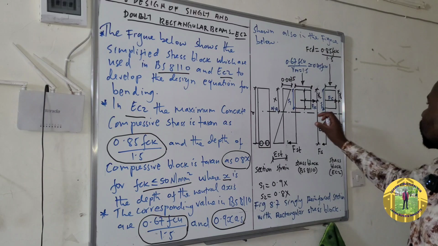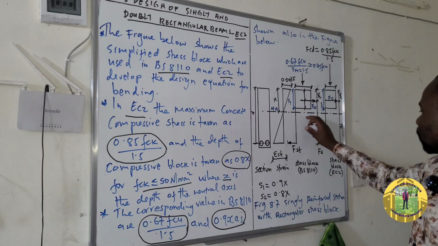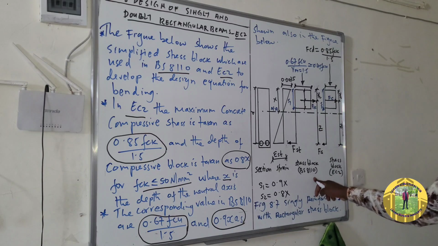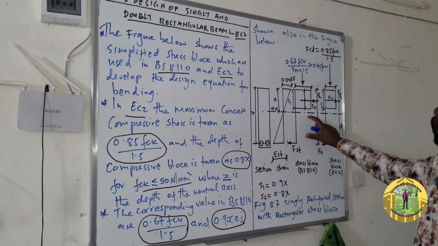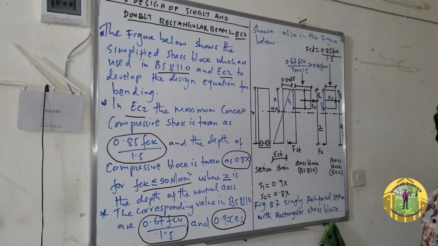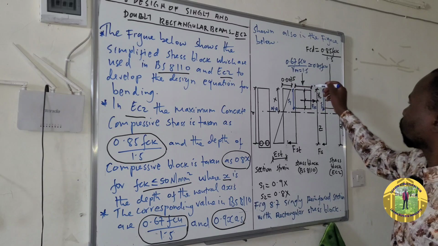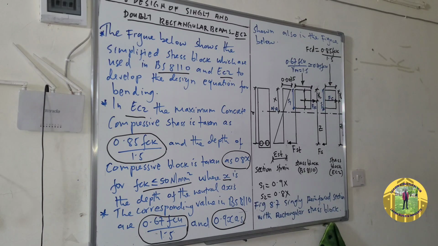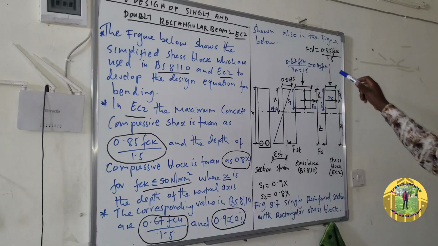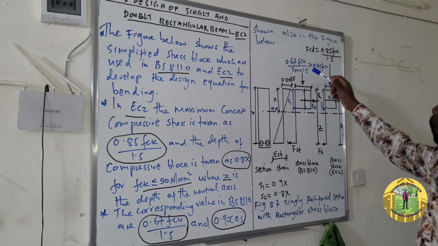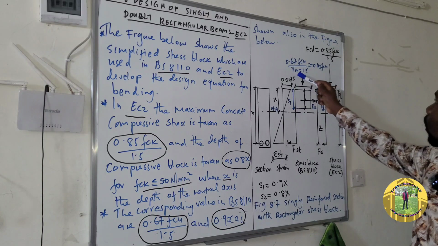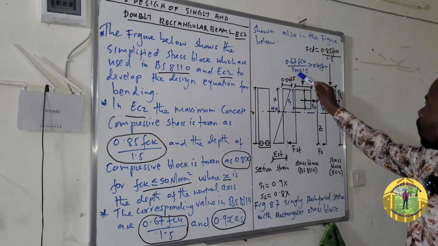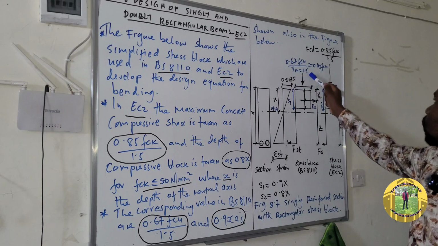And we have this diagram here, which is the stress block in BS 8110. Remember, we are comparing BS 8110 and Eurocode 2. This distance from here up to here is the maximum compressive stress, which is given by the expression 0.67 fcu over the partial safety factor for concrete, which is 1.5.